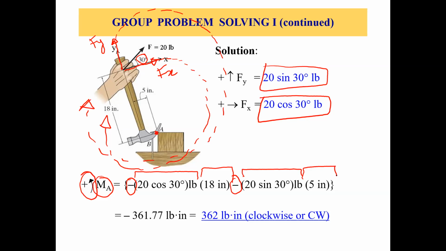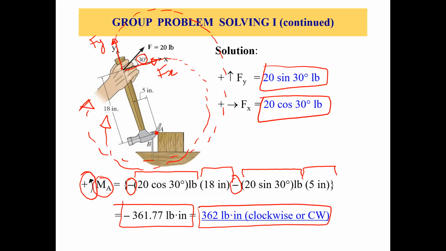Just use your calculators and you'll find that we have a moment at point A with a magnitude of negative 361.7 pound-inches, because the force is in pounds and distance is in inches. We can also say 361.7 pound-inches clockwise.